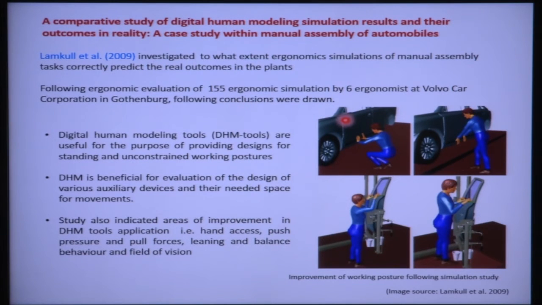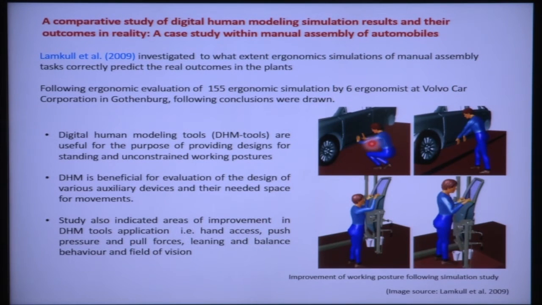Overall, from the paper it was clearly identified that digital human modeling software can be effectively used for this type of manual assembly process and for providing better workstation conditions, so that humans can do their activities avoiding awkward posture.